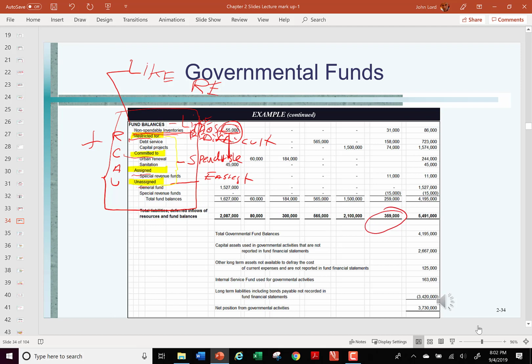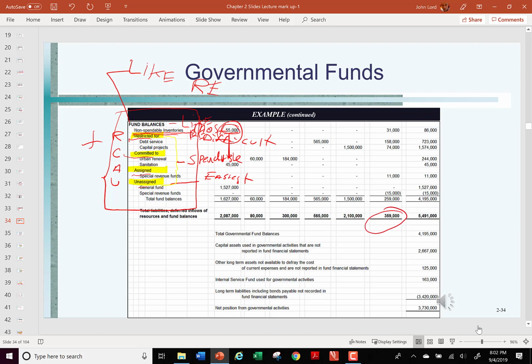So we really break it into categories as to whether it is spendable or non-spendable. Non-spendable means you can't spend it like cash. Spendable means you can spend it like cash, but some items are harder to spend than others. And they list them in order of how difficult they are to spend.